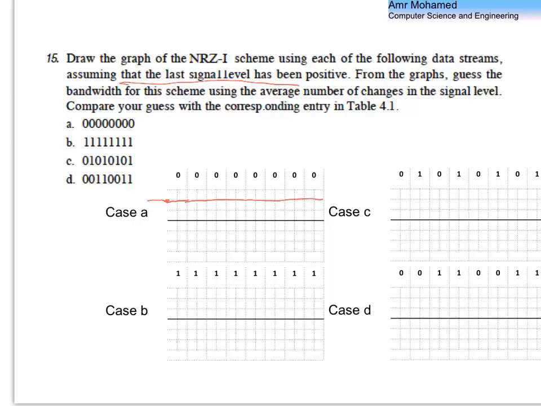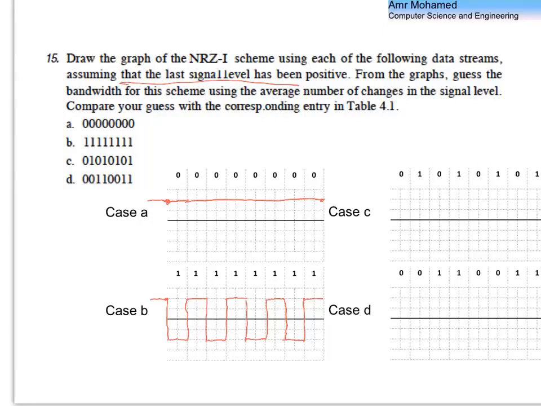For 1, if the original was positive, then we go negative. Then if there is 1, we go positive. Then if there is 1, we go negative. If there is 1, we go positive, and so on. So this is the non-return to zero invert.